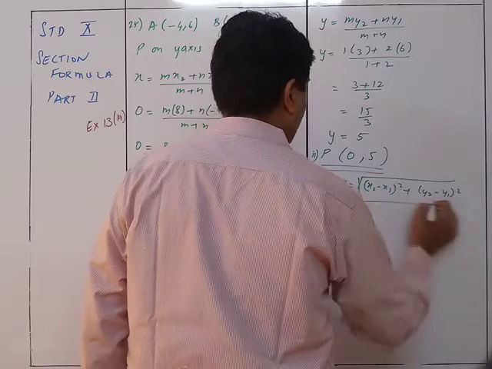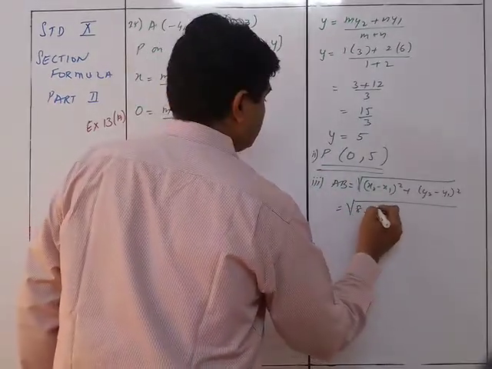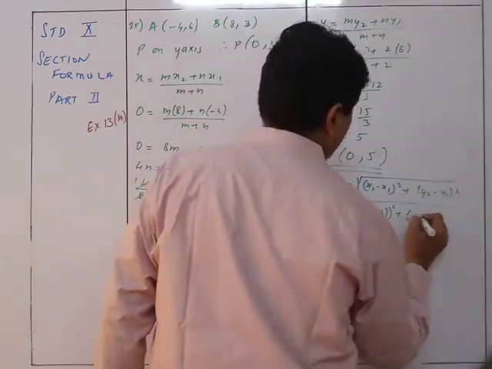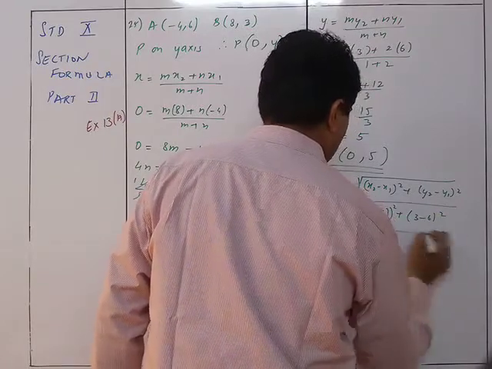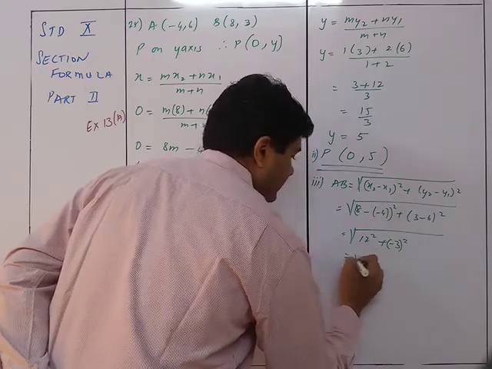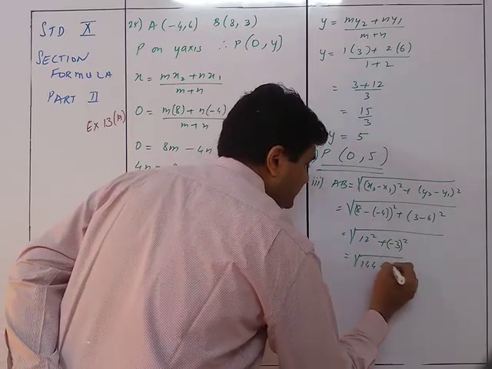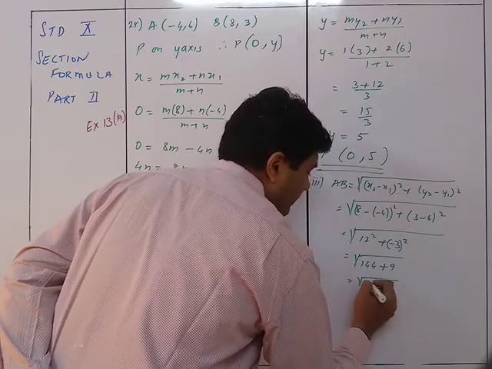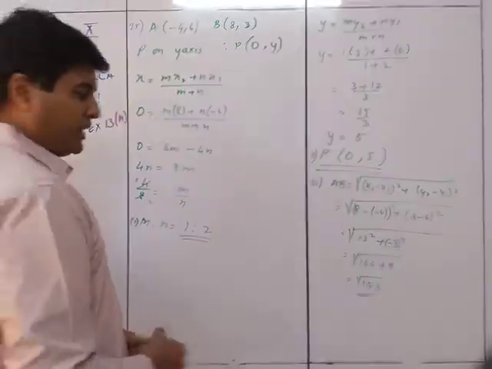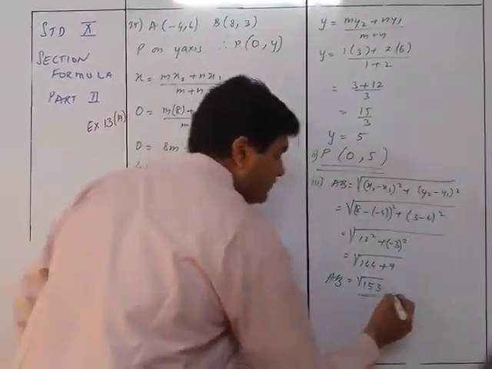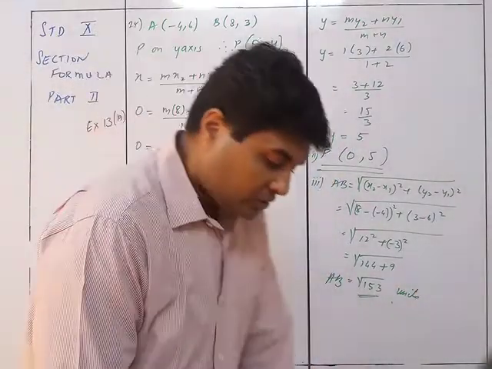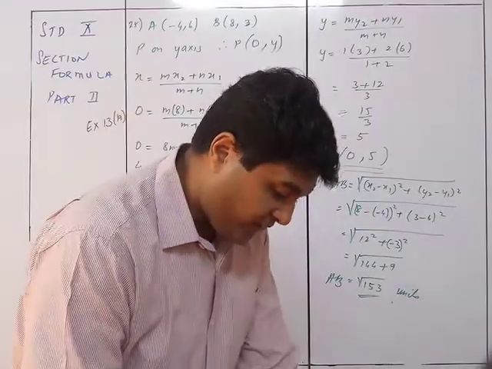That's the root of (8 minus 4) whole square plus (3 minus 6) whole square, which is root of 12 square plus 3 square, equals root of 144 plus 9, that's root of 153. We can keep it as it is, AB equals root 153 units. So that was sum number 25.